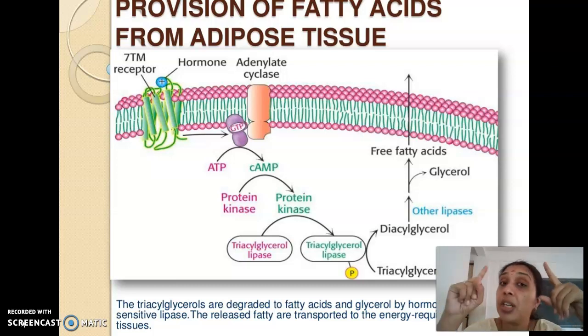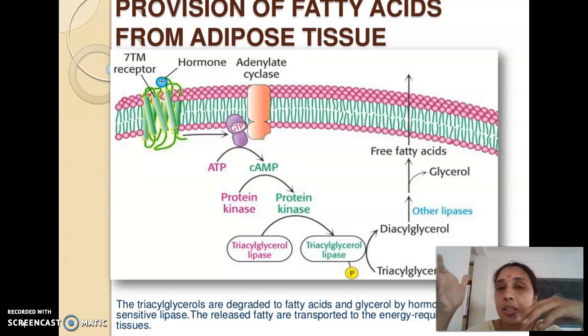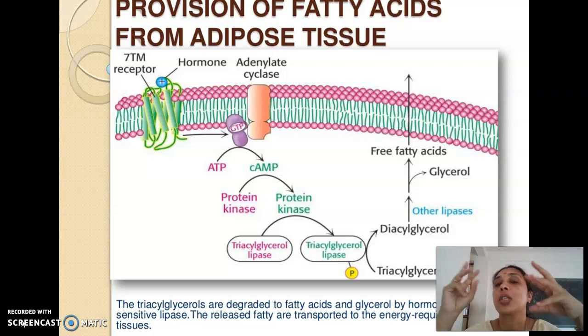The first one we have already mentioned, which is the rate limiting enzyme of the pathway. When we were talking about the stages, beta oxidation involves 3 different stages: activation, transport, and the beta oxidation itself. When we talked about the transport mechanism, the shuttle system, we came across 3 enzymes: E1, E2, and a translocase enzyme.